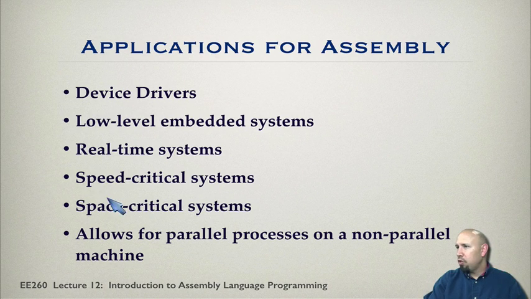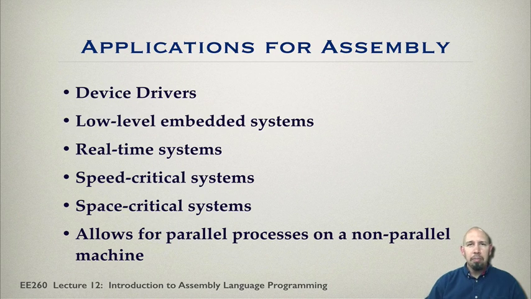It can be used for speed critical systems when obviously you are constrained to use a certain microprocessor, and that microprocessor has limits, and so you want to be able to push the limits of that microprocessor. It's also used for space critical systems. That is where you only have a limited amount of memory, and so you need to optimize the footprint of your code in the memory.